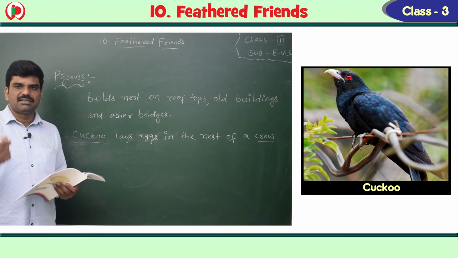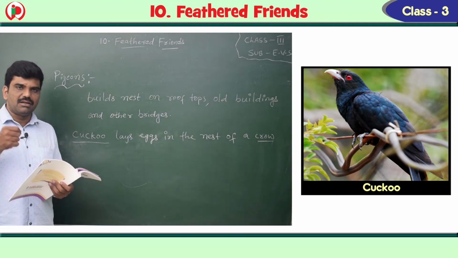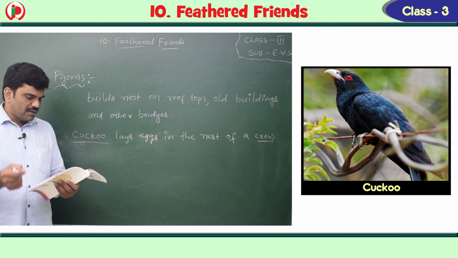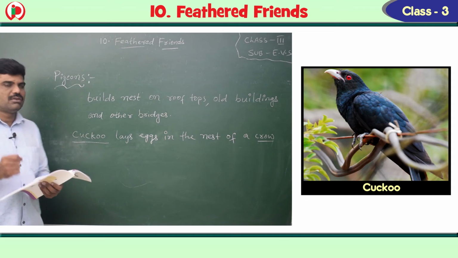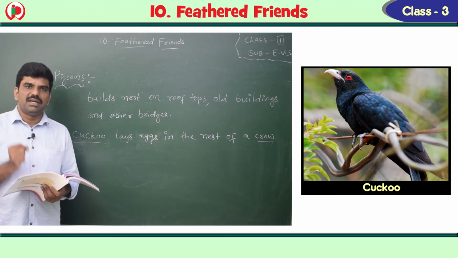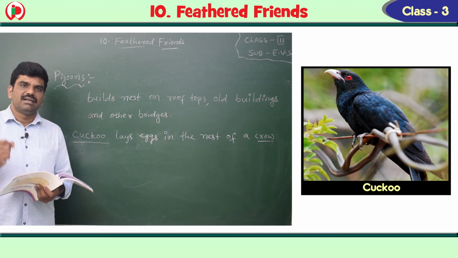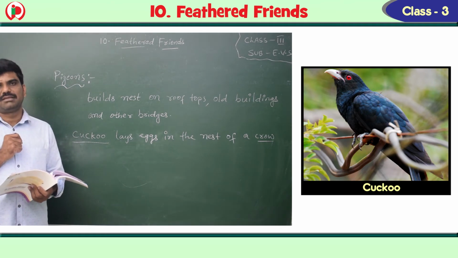So the crow makes its nest, and in that nest only the cuckoo will lay eggs. Actually the cuckoo doesn't make its nest. So this is how the different birds make different nests in different ways.